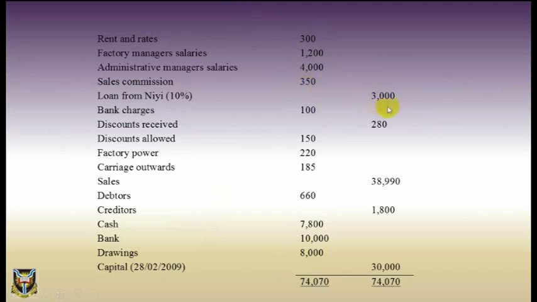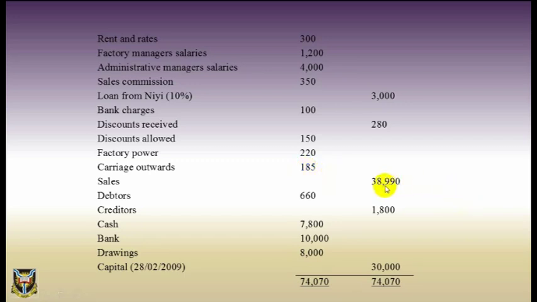Loan from NII 10% 3,000. Bank charges 100. Discount received 280. Discount allowed 150. Factory power 220. Carriage outwards 185.